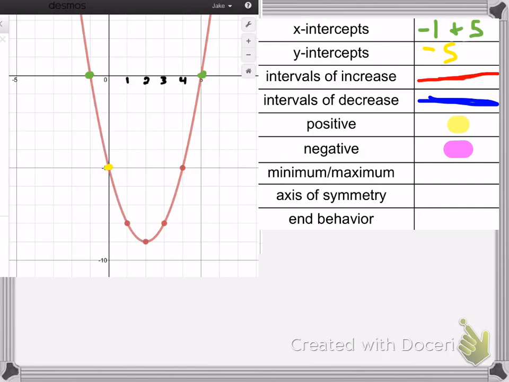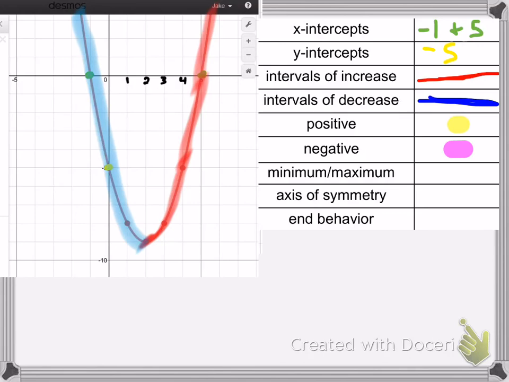So our interval of increase, we're going to start here at our vertex and follow my graph here as it goes positive. Now my interval of decrease, we're going to start here on the left side, and you see it's going down. And it goes down until it hits our vertex.